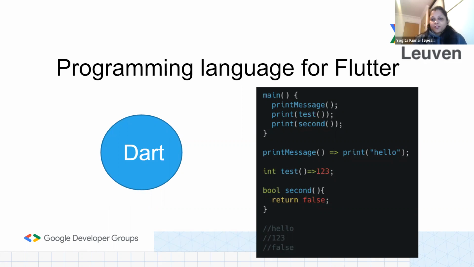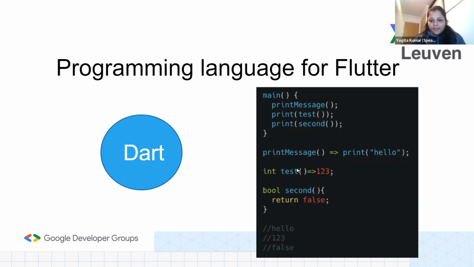With main, here you can see the first line, that is print message. It is calling the function printMessage. Second, it is printing the output from the test function. In the third line, it is printing the output from the second function. Let's see the print function. This is the syntax for Dart when you just want to return a single line. In the printMessage function, I'm going to return a single line, just print hello. So it is printing over there.